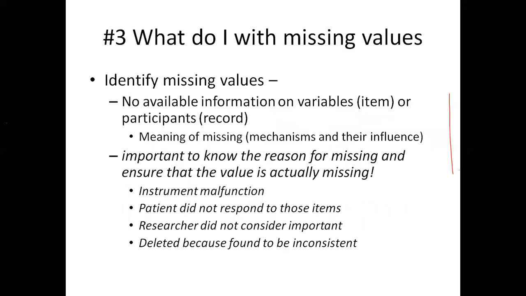So the third part is with the missing values, right? That's one of the crucial parts of a data set, having to deal with missing values, but it's quite common, right? So if you have a set of patients, a few variables could be missing for each of those patients.